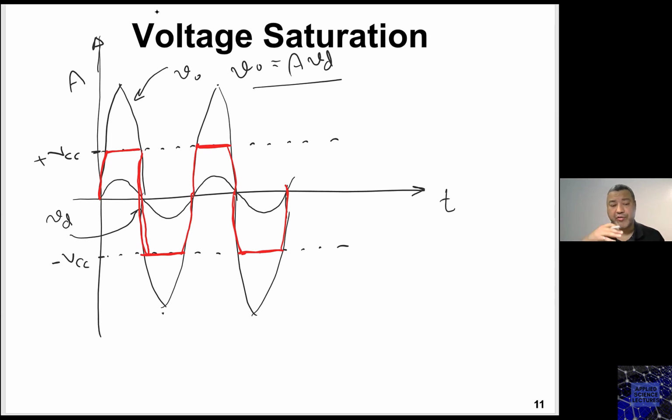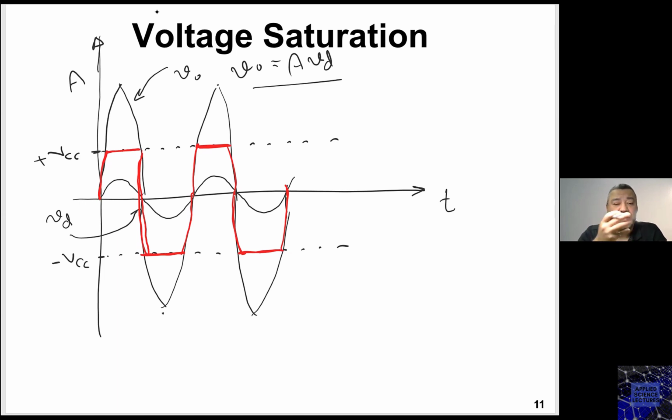Here, you are amplifying the signal. You are adding power to the signal. You have a weak signal that has very low energy, and then you are amplifying that signal. You're adding power to it. These are two completely different approaches.